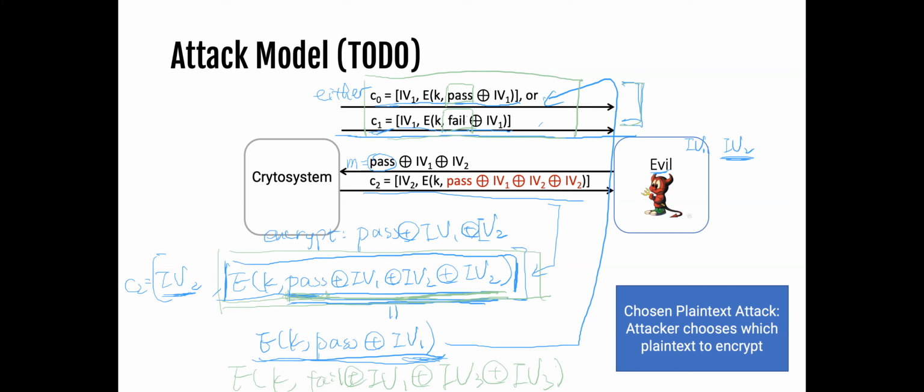It turns out there was actually a vulnerability about that. The way it was designed is that IV2 is always equal to the previous encrypted message. So if Evil already received, say, C, which can be either C0 or C1, he will get both the IV and the encrypted message, and the encrypted message will be the next IV2.